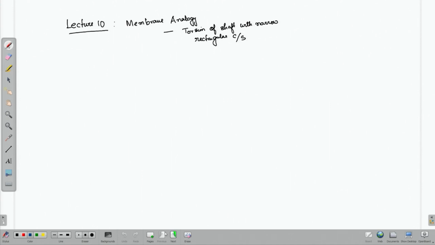In the last lecture, that is lecture 9, we talked about two corollaries of the membrane analogy.